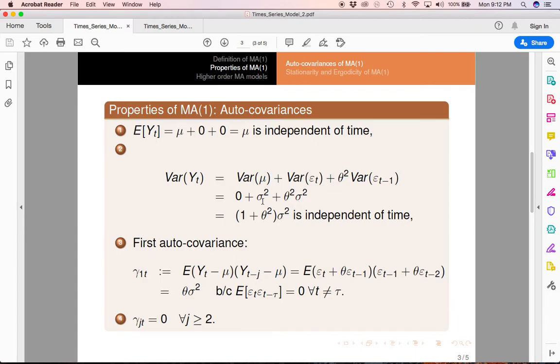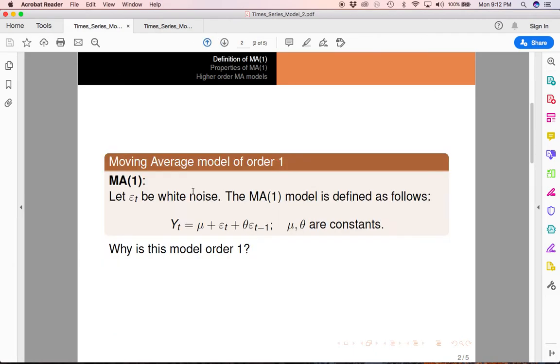The first order covariance can be computed by taking the expected value of y sub t minus mu times y sub t minus j minus mu, which is how the autocovariance function is defined. To calculate this, we will just take the mu from the right-hand side and take it to the left-hand side. So y t minus mu would be epsilon t plus theta times epsilon t minus 1.